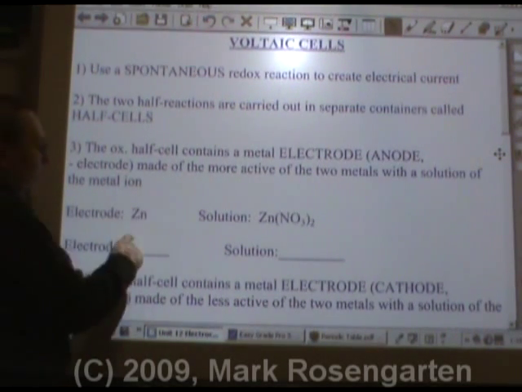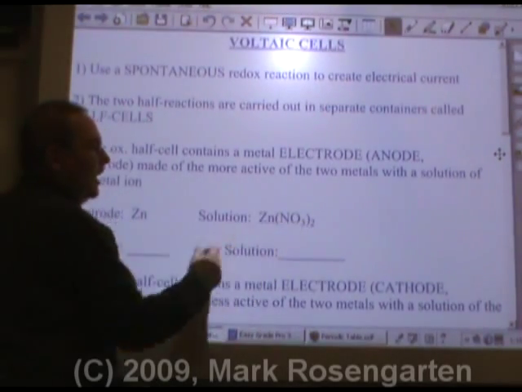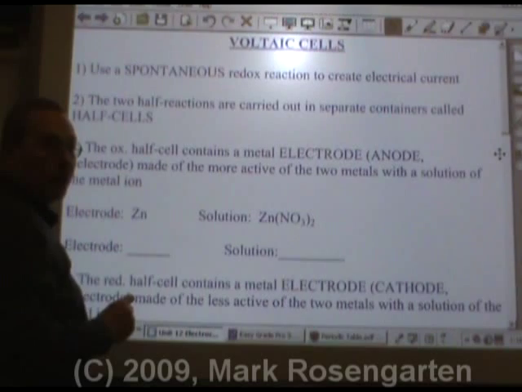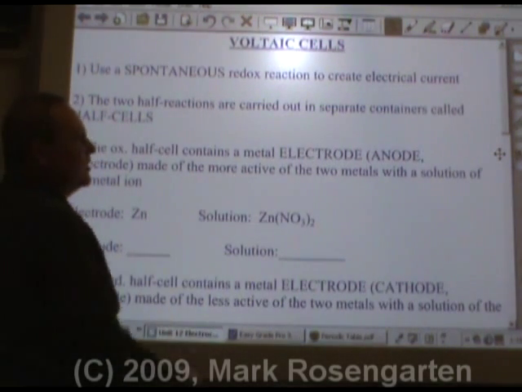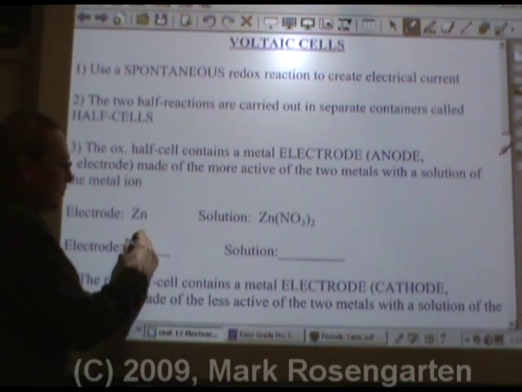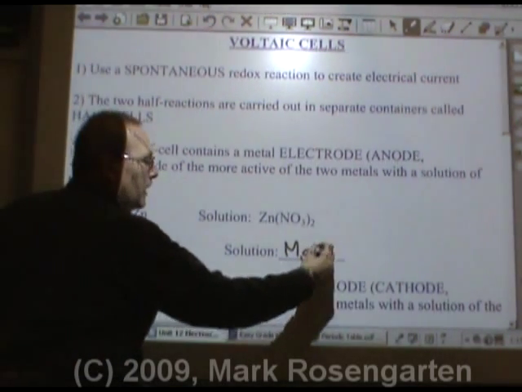For example, if the electrode is zinc, then the solution would be zinc nitrate. Now, this is a spectator ion. Why is it nitrate? Well, because nitrate is guaranteed to be water soluble. If you chose something like sulfate, sulfate's got some exceptions. You're always safest sticking with nitrate. If the electrode was magnesium, then a solution of magnesium nitrate would be in order.